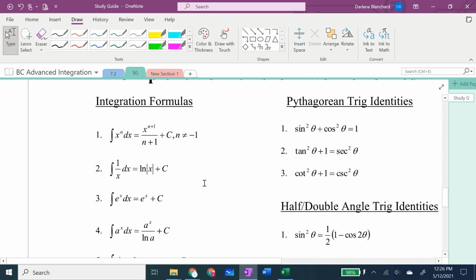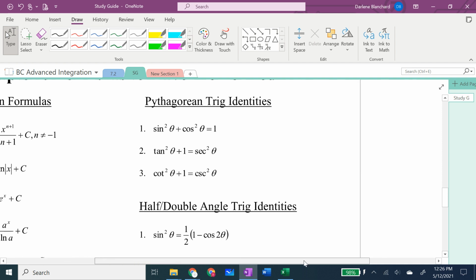So there's a lot with trig in integration. As far as what identities do you need to remember? We've got our Pythagorean trig identities, but realize that if you know this first Pythagorean identity, you can get the other two through it. You can either divide both sides of this equation by sine squared, and you'll get this one, or you can divide both sides of this equation by cosine squared and get this one.